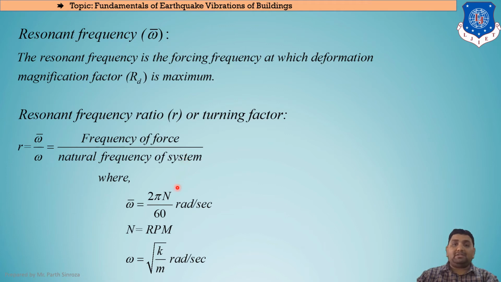So the frequency of the applied force will be equal to 2 pi n by 60, where n is the number of rotations in RPM. Clear? As you can see here, n equals RPM, that means the number of rotations the body is acted upon. Omega is, as we all know, the natural angular frequency, which we discussed earlier too. It is always termed omega, and the equation for that is the square root of k by m.